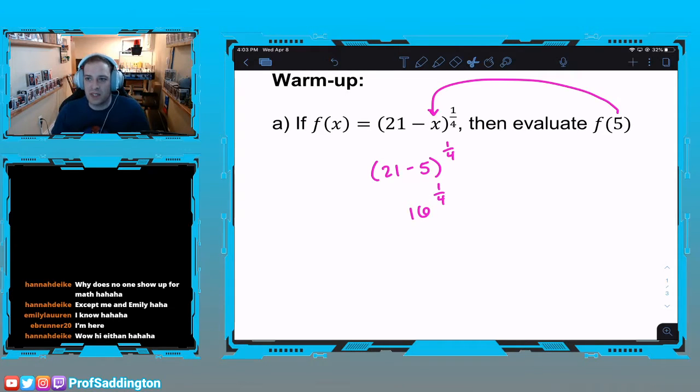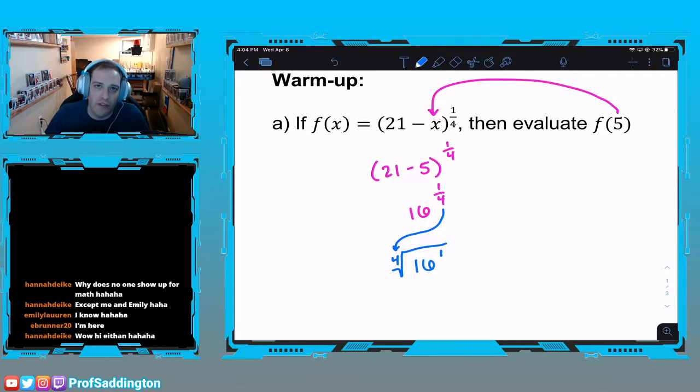So if we have 16 to the 1/4, if you're doing it by hand, you have to turn it into a radical like we did the other day. This is where we use that phrase down and out, where you're taking the number on the bottom of the fraction and moving it to the outside. You put in your radical, and then the inside is what's left over, which is just 16 to the 1st.